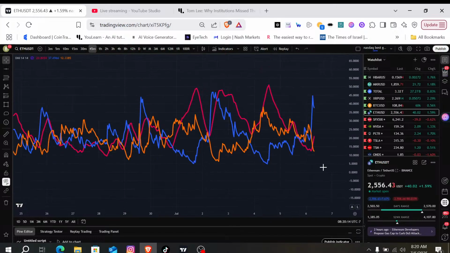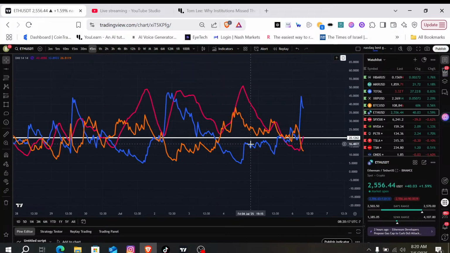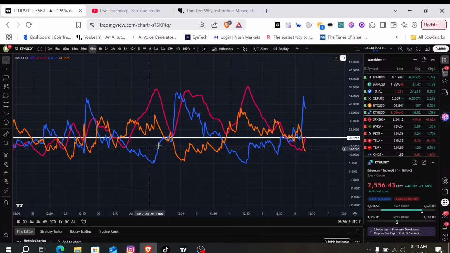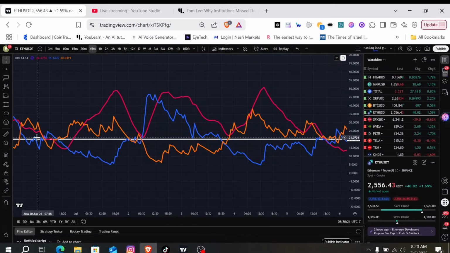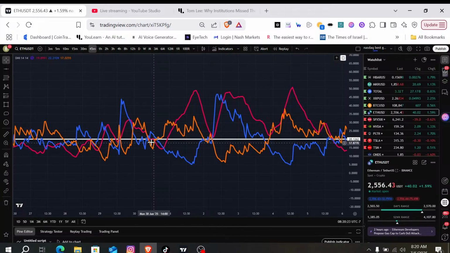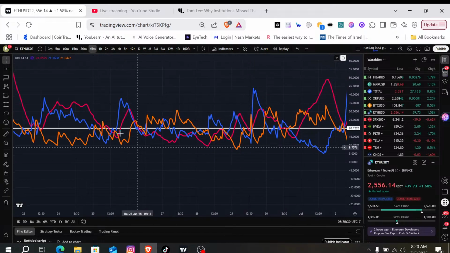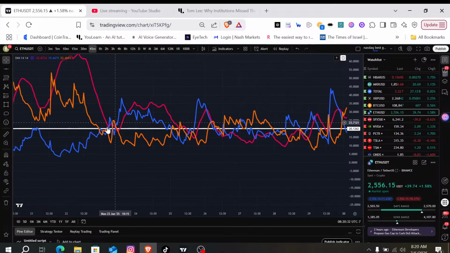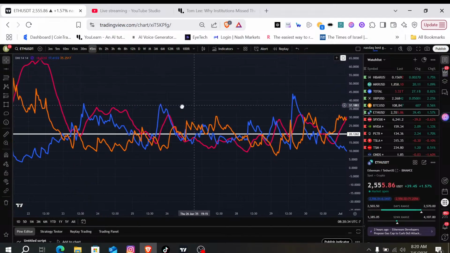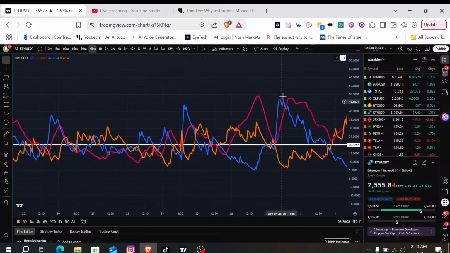This other indicator right here, I normally use. So when you see these lines go below this white line right here, especially after a big move, something like this, like this right here, it tells you that a big move is coming.